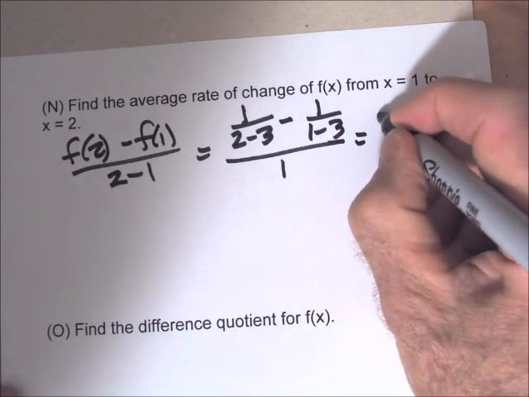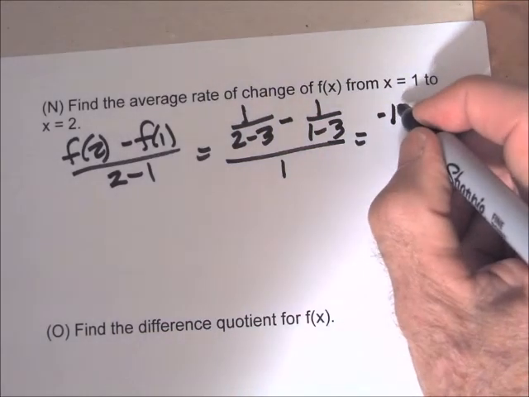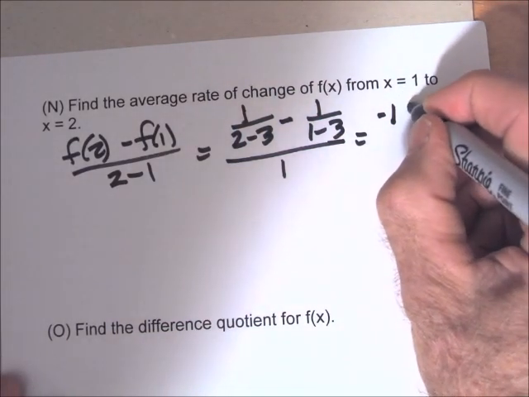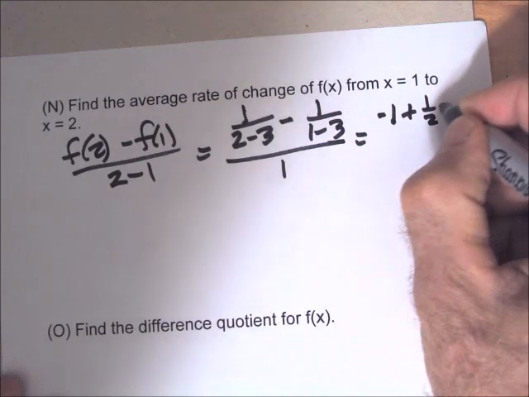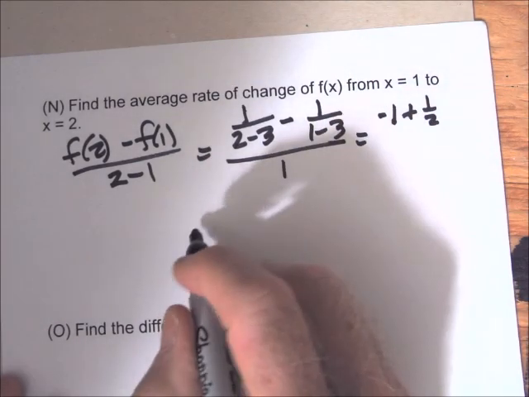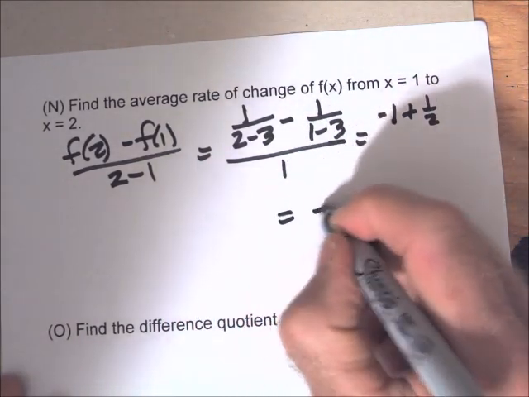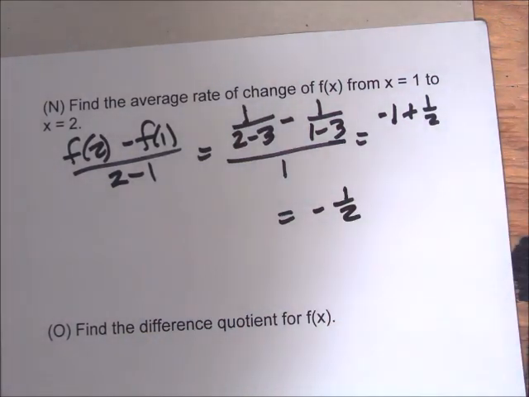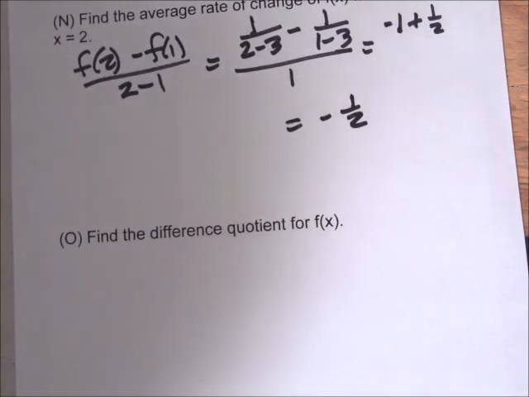So this is going to be negative 1 minus a negative 2, so it would be plus 1/2. Divided by 1 doesn't do anything, so this is going to be negative 1/2.